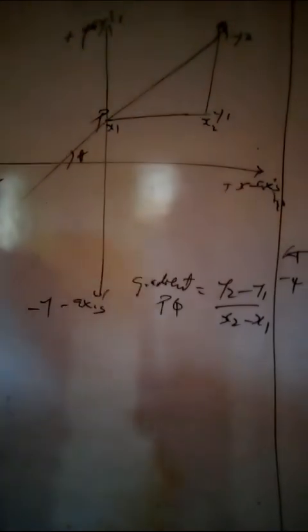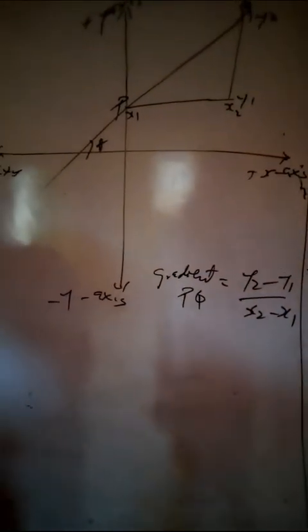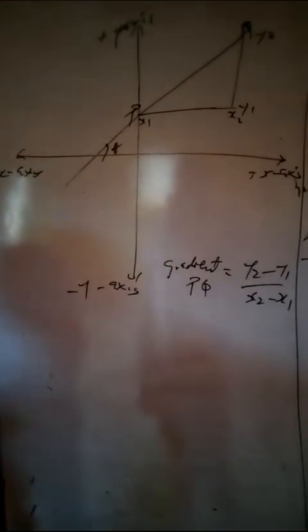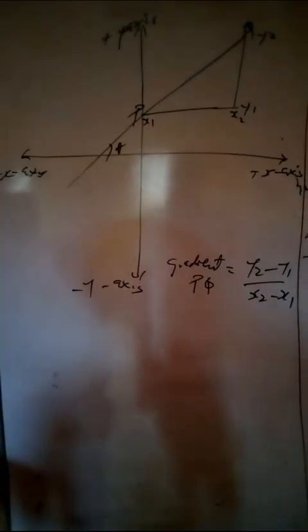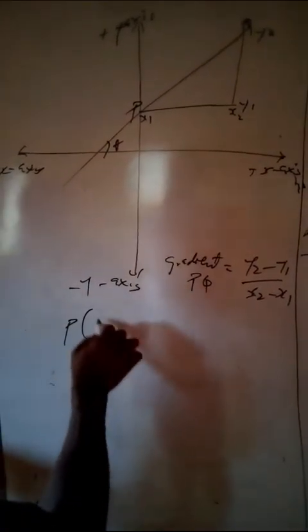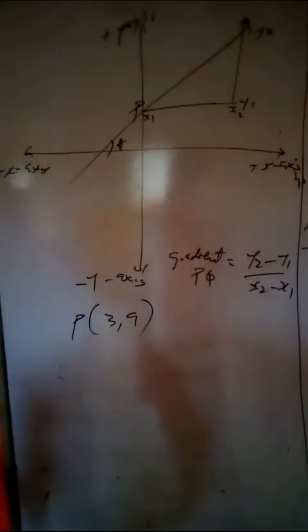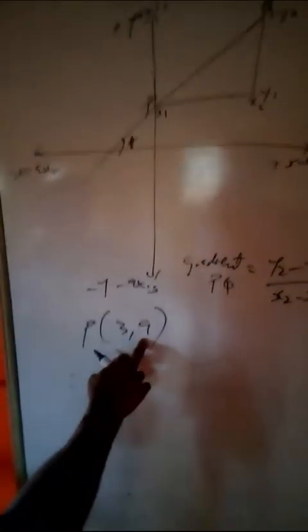But if we are saying that we have a value attached to P and Q, which will denote the position of the axis of the y and the x. If we have P to have a position 3 and 9, it's what the coordinate is telling us, that y is 9 and x is 3.